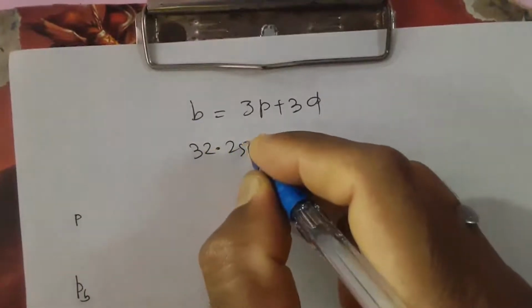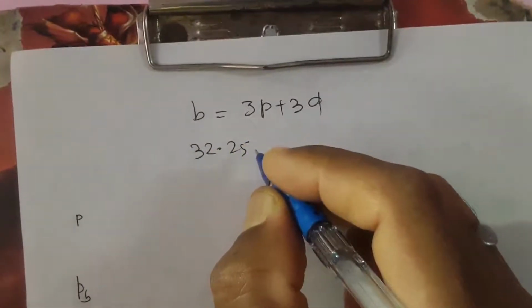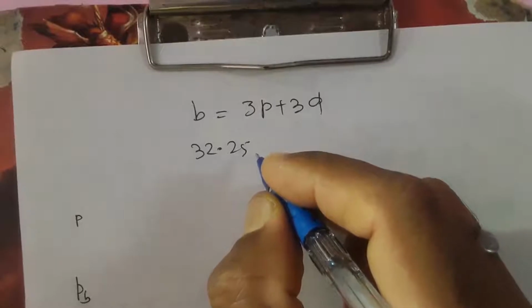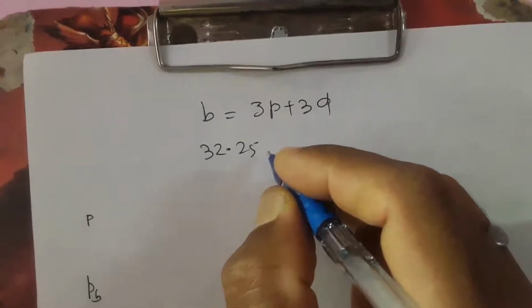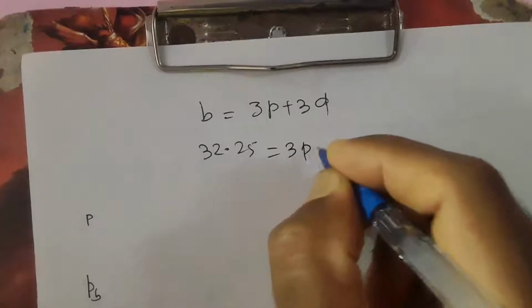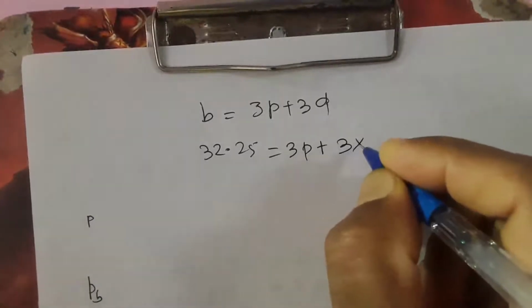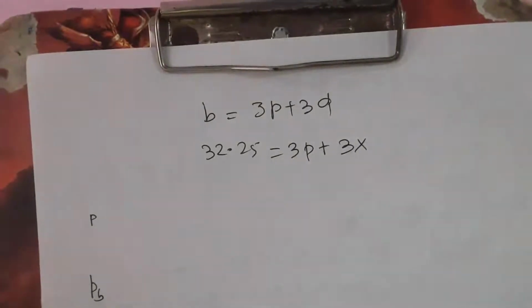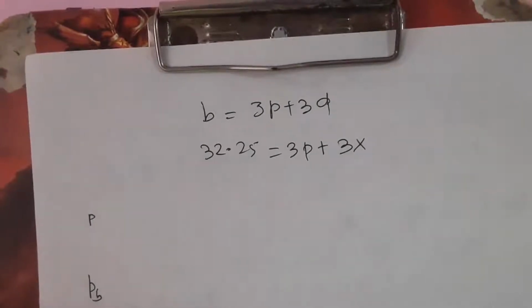In this case B is already found out, the width is 322.25, and it is equal to 3P plus 3 into the diameter of the rivet, which comes out to be 20.